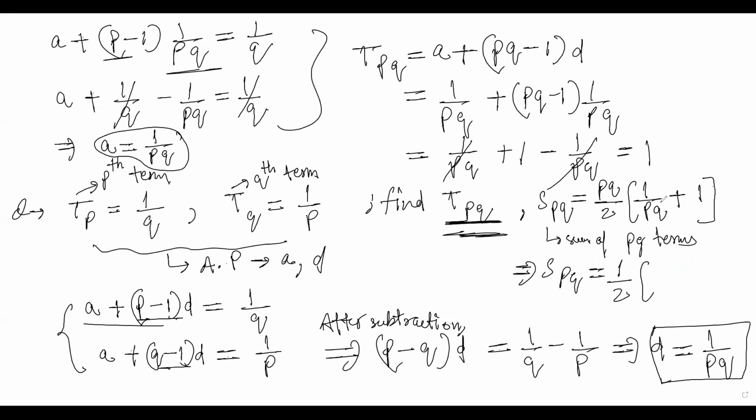So it will be 1 plus PQ. This is your desired answer in question number 4. You have to prove this, but to prove this, you also need to find A and D.